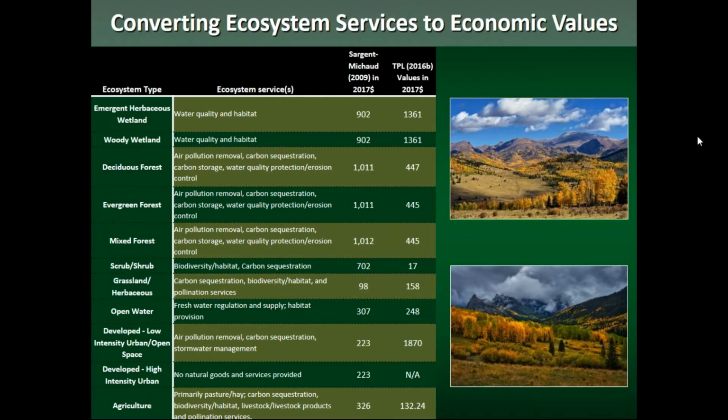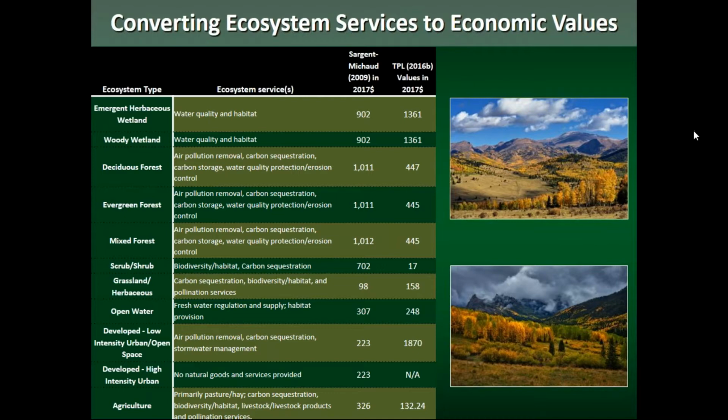The Sergeant Michaud one in 2009, we brought those values up to 2017 numbers, dealing with inflation. And then we looked at a Trust for Public Land study that was published in 2016 and brought those up to 2017 numbers. You can see that there's a good deal of variation, and as a result, that makes people question their validity.